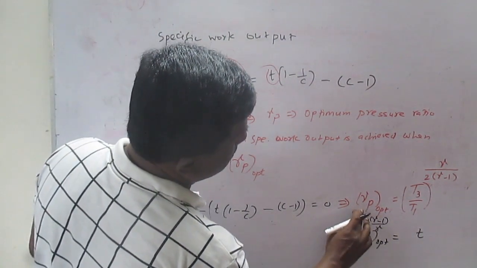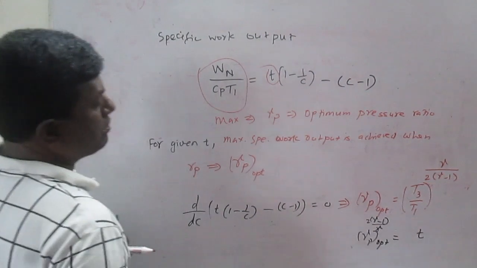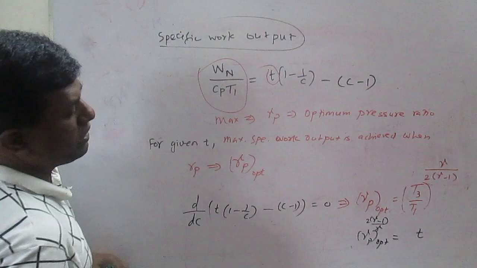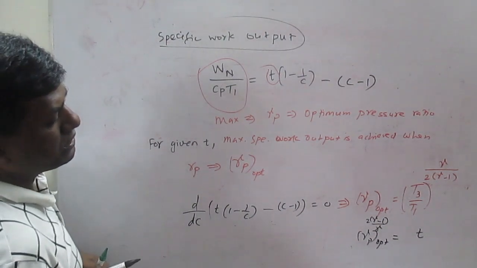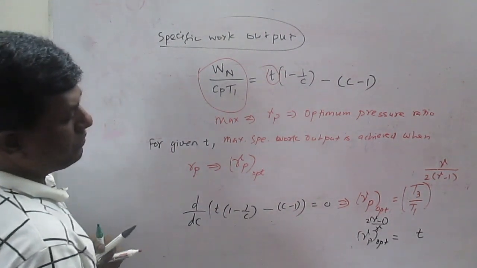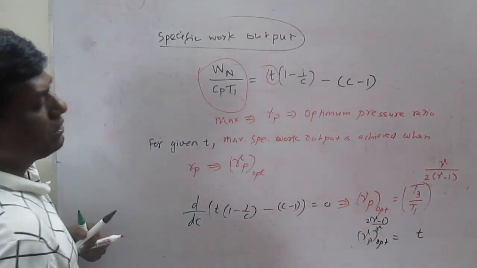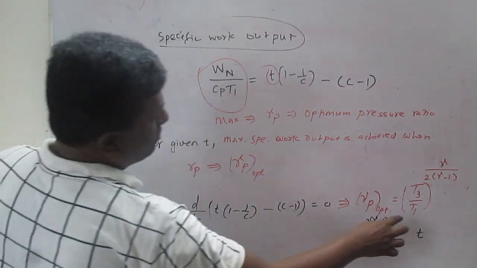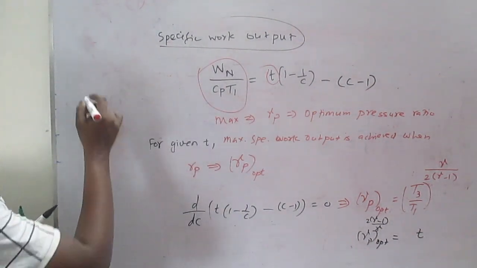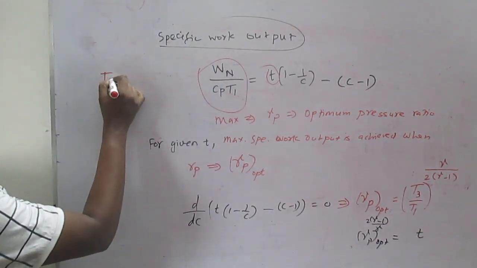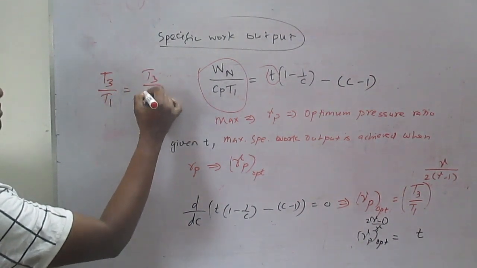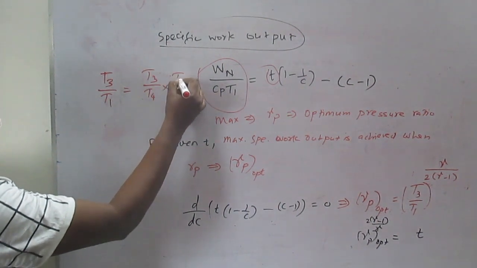So the optimum pressure ratio is RP equal to this. At this condition, our specific work output becomes maximum. That is what we have to understand. Then we can write T3 by T1 equal to T3 by T4 into T2 by T1.